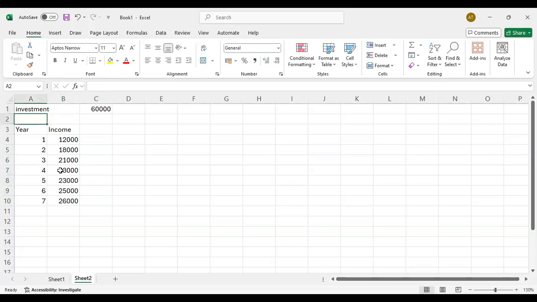Now, this investment is for 7 years. I need to calculate depreciation of this capital asset. If I'm going to use the asset for 7 years, then the first thing I will calculate is depreciation. So what is the formula for depreciation?